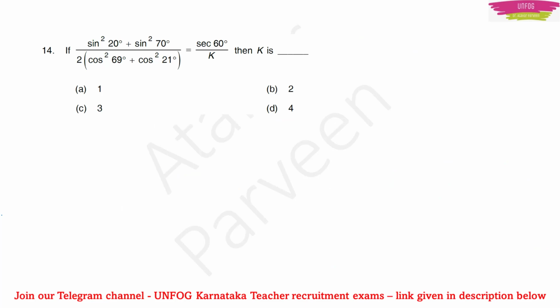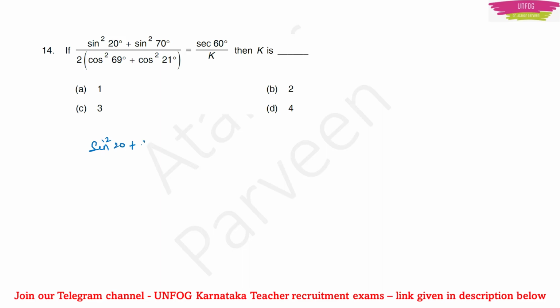Next question. If (sin square 20 plus sin square 70) upon 2 into (cos square 69 plus cos square 21) is equal to secant 60 by k, then you have to find the value of k. So you have to apply all your knowledge here, whatever you have learnt till now. See, I have sin square 20 and sin square 70.